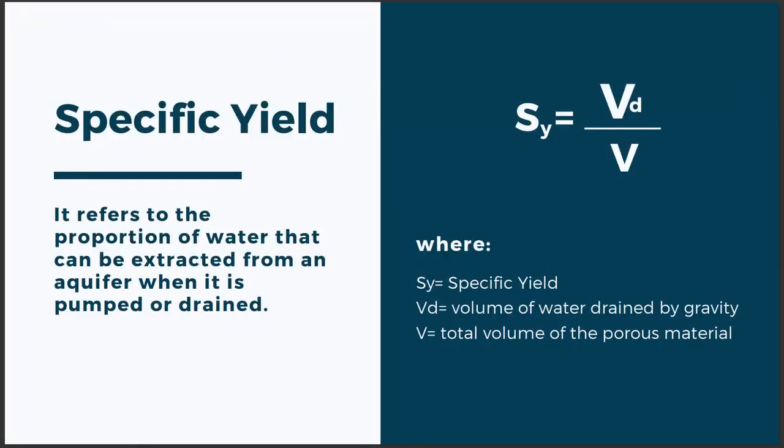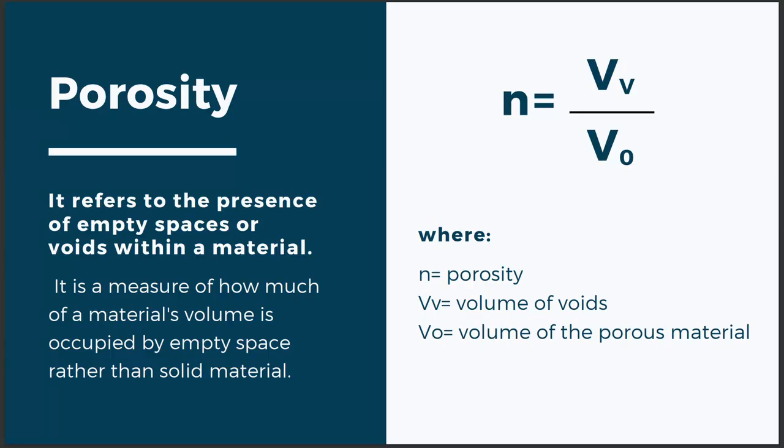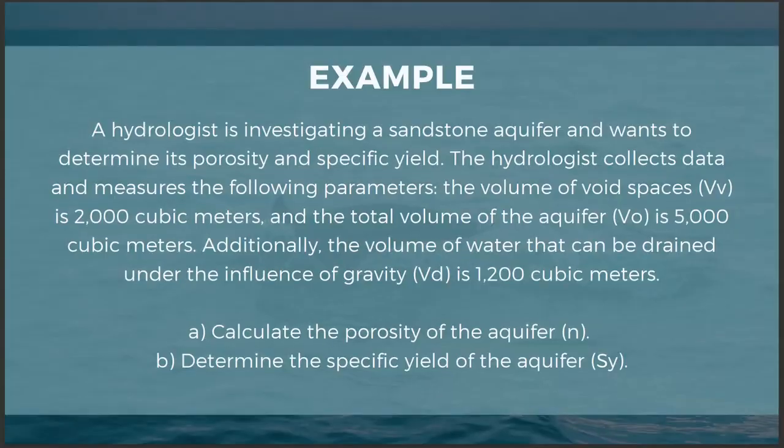So porosity is simply VV over VO. So given naman yung volume of voids, that is 2,000, and then the total volume of the aquifer is 5,000. So porosity is simply 2,000 divided by 5,000. So how much is that? 2,000 over 5,000.